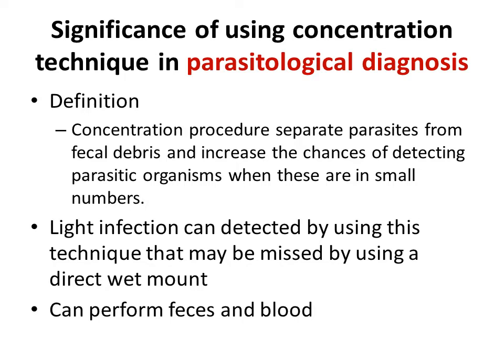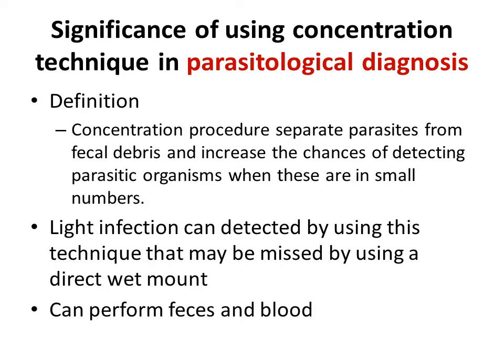For example, feces containing fecal debris may sometimes interfere with the identification of the parasitic stages. And if we consider a blood sample, the number of RBCs is higher, so sometimes that will also interfere with identifying the parasitic stages.